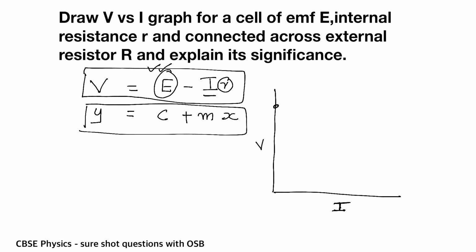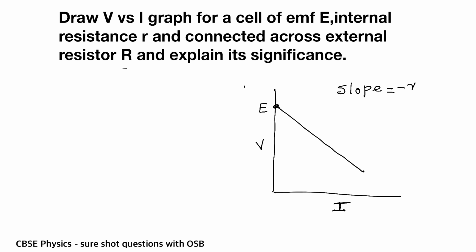So on the positive y-axis, this value is E. You are going to get a straight line with negative slope. And what is the slope? What is m here? m is minus r. Clear, right? So a straight line with a negative slope. Correct. So the slope of this graph is minus r. Hope all of you understand.